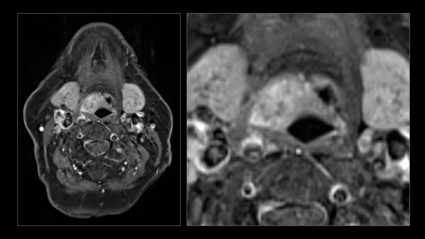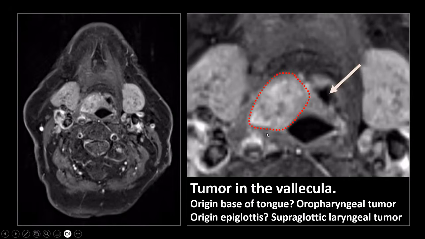And you can also have tumors in the vallecula, which can be considered part of the tongue base. The difficulty with a tumor in the vallecula, as we see here, so this is the normal vallecula, and this is a vallecula completely obliterated by enhancing tissue because there's a tumor there. Well, what's the origin of the tumor? If the tumor originates from the base of the tongue, you're dealing with an oropharyngeal tumor.